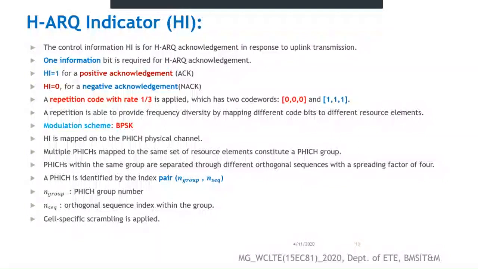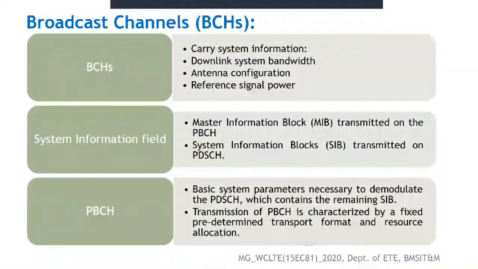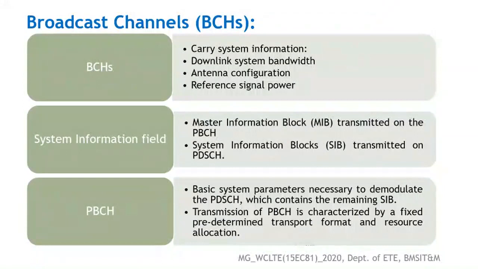And we go to the next topic, that is broadcast channels. As I said, these broadcast channels are used to carry system information like downlink system bandwidth, antenna configuration, then reference signal power. So user equipment will use this system information once it synchronizes.